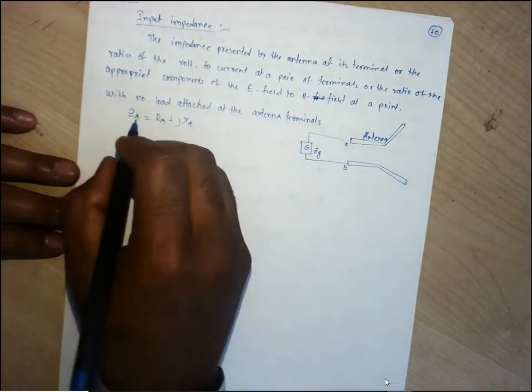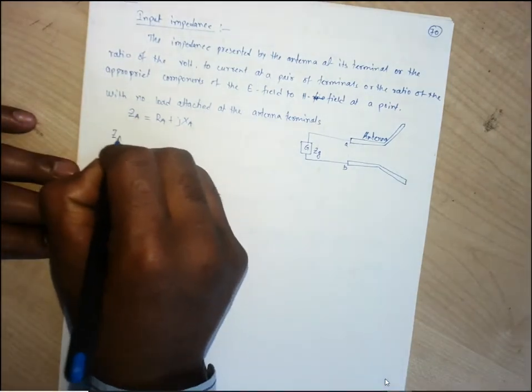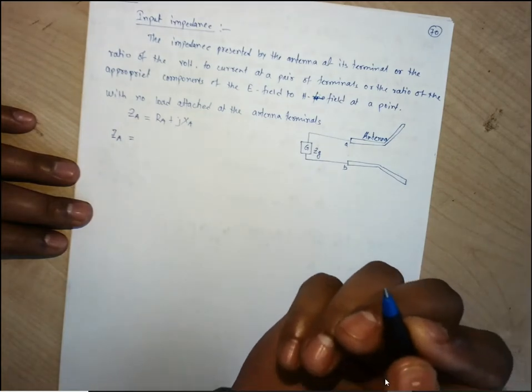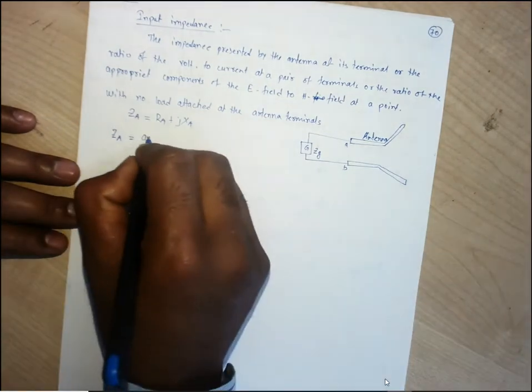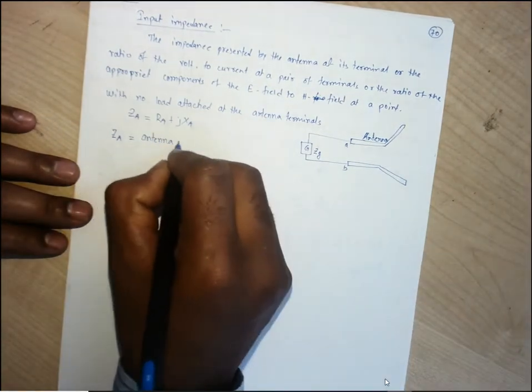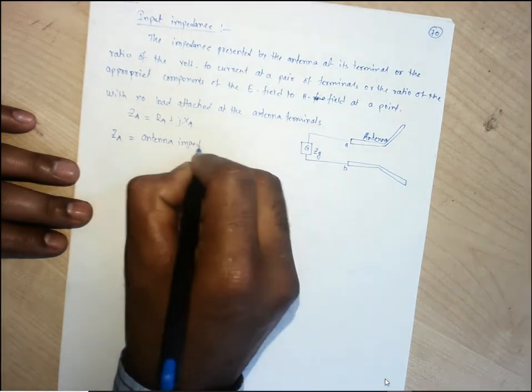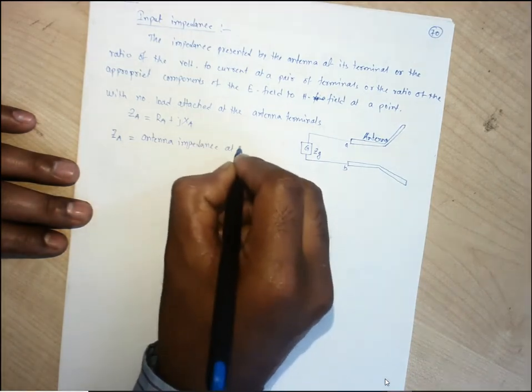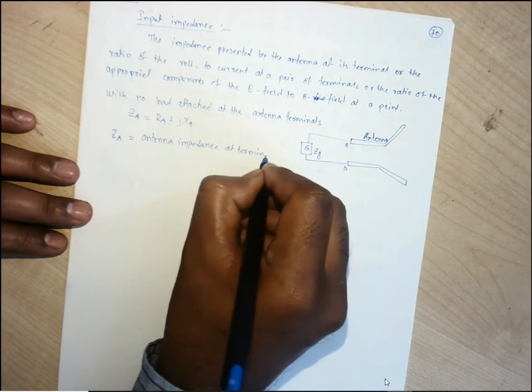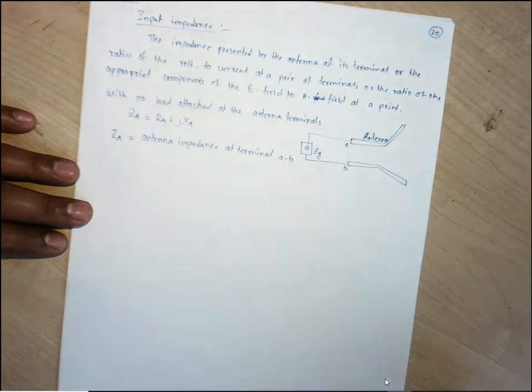Okay, so what is this ZA? ZA is the antenna impedance at terminals A and B. It is the total antenna impedance.